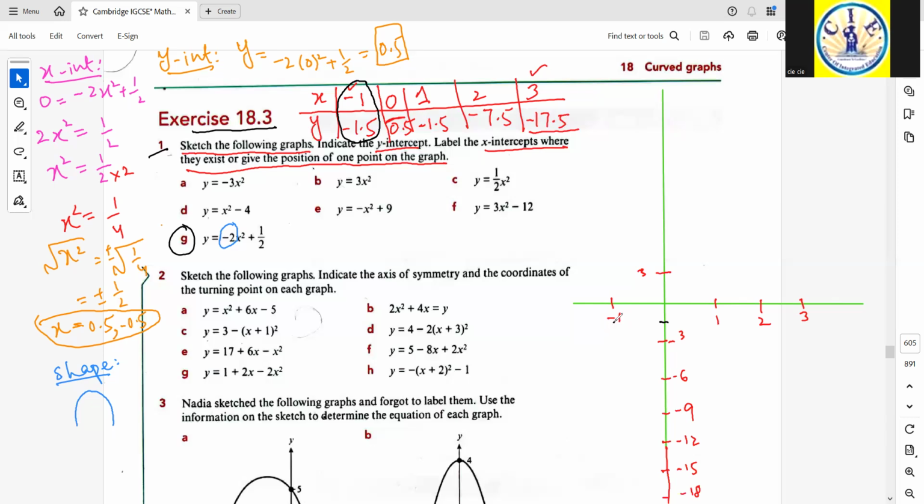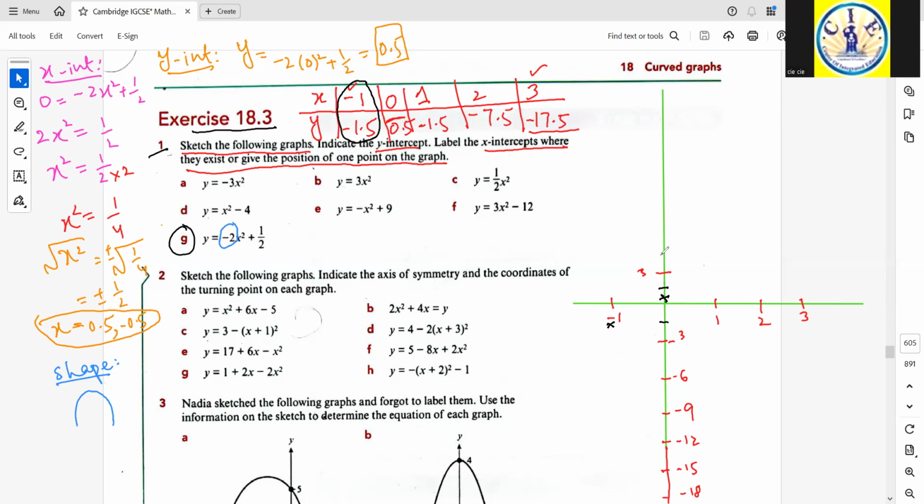So this should be the point. -1 corresponding to -1.5. Then 0 corresponds to 0.5. This would be positive 0.5.